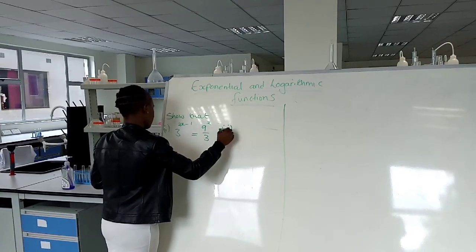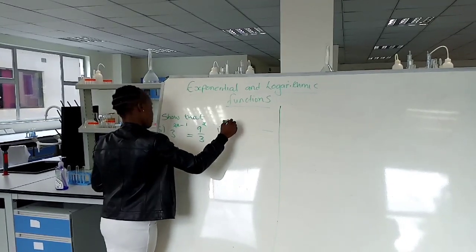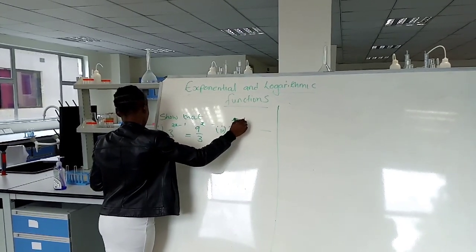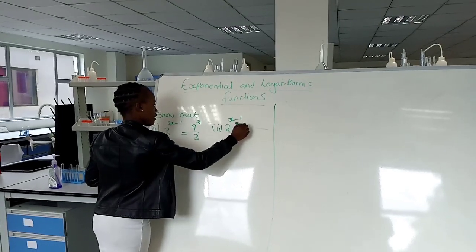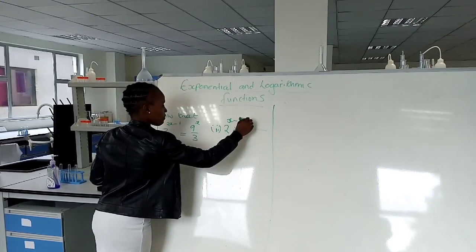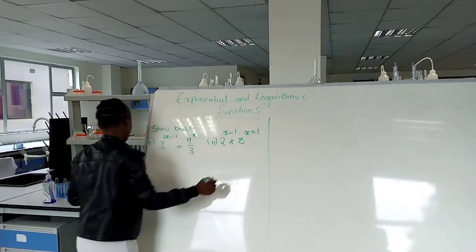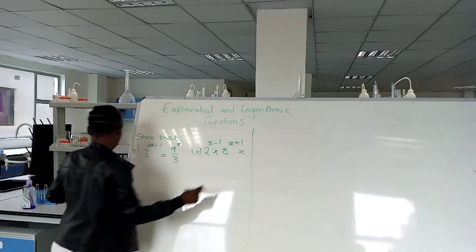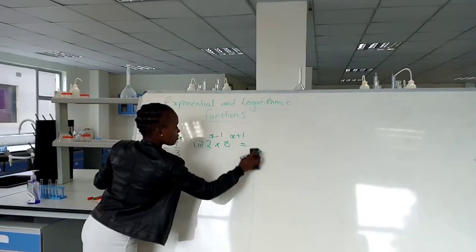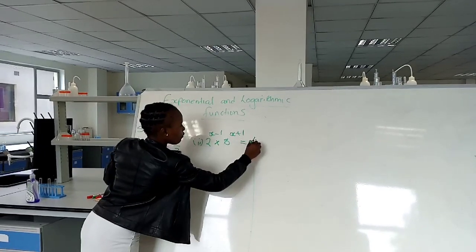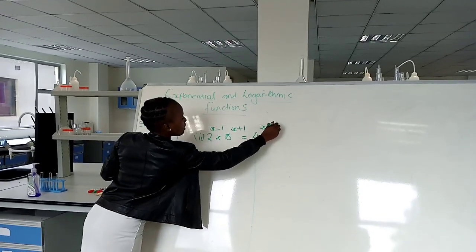Then the second one we have 2 raised to the power x minus 1 multiplied by 8 raised to the power x plus 1 equal to 4 raised to the power 2x minus 1.